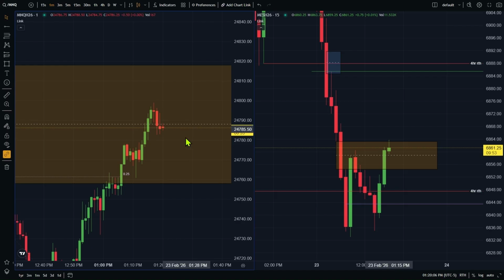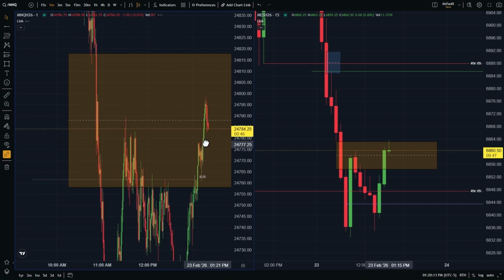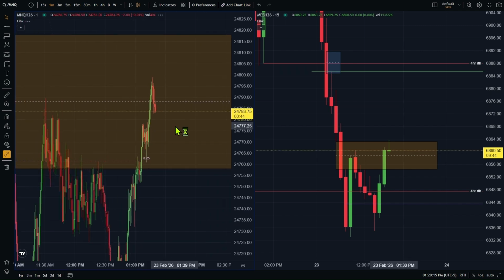We've certainly taken the high of that 15-minute range. Ripping lower is definitely a possibility. We didn't want round number yet. I'm tempted to take it off.